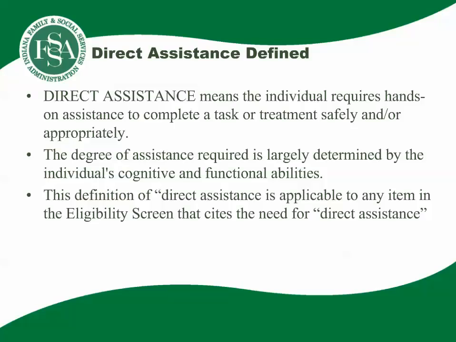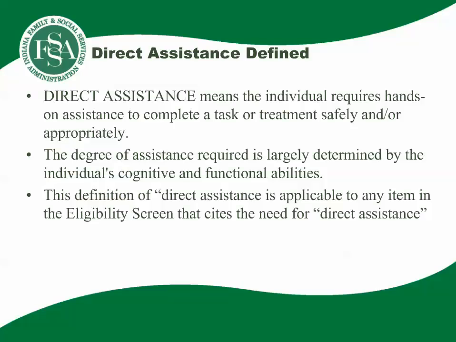So this page 1 section of the e-screen is identifying those sorts of interventions that would require us to have a nursing level service or staff person there in the absence of the primary caregiver. That is really what triggers a skilled medical need when we're looking at nursing facility level of care.